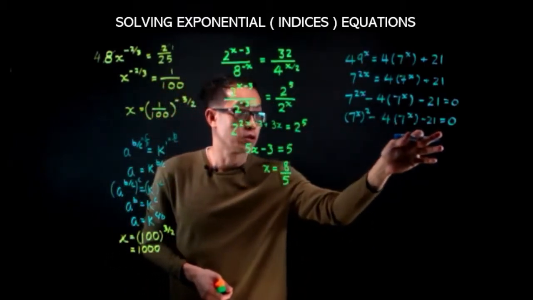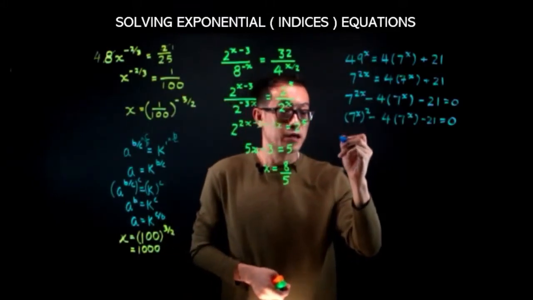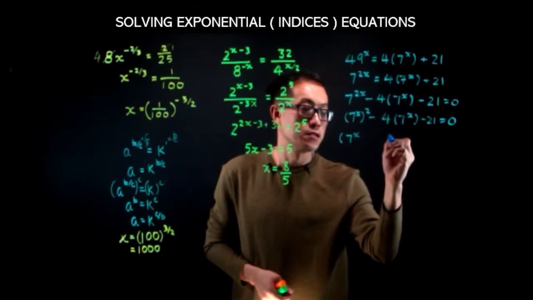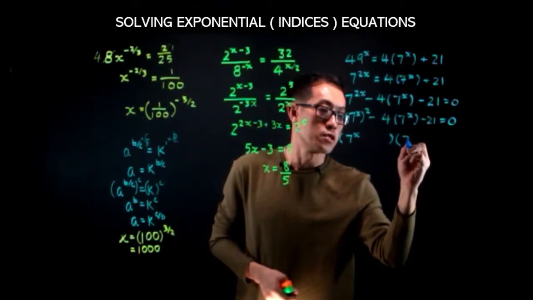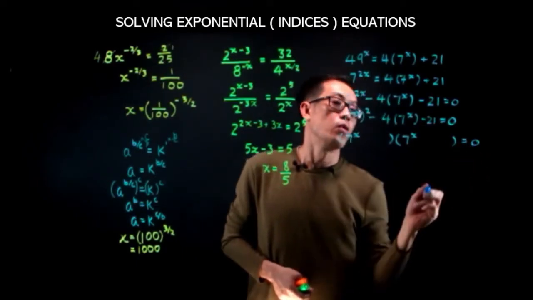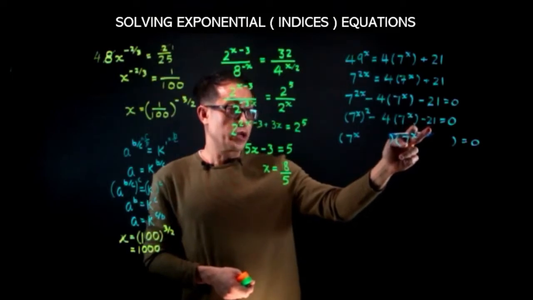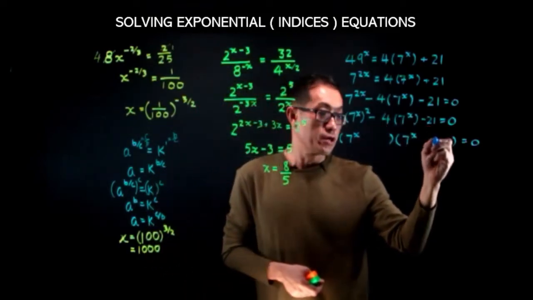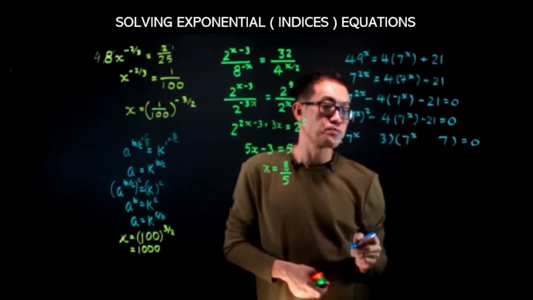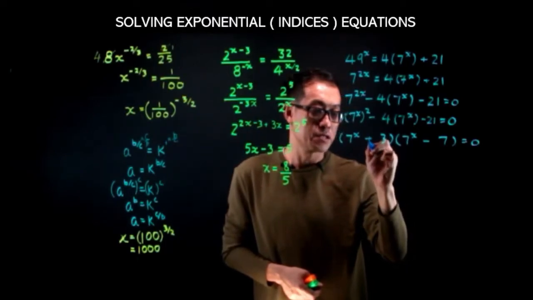Now can you see this is a quadratic? So you can factorize this. So this is 7 to the power x into 7 to the power x equals 0. Now you want to get 21 and a 4 here, so this should be 7 and 3. You want a minus 4, so this should be minus and this should be plus.